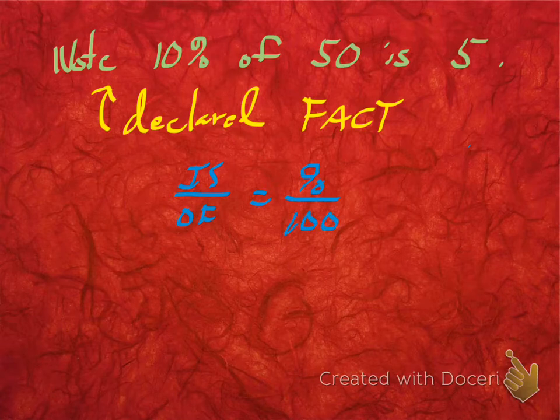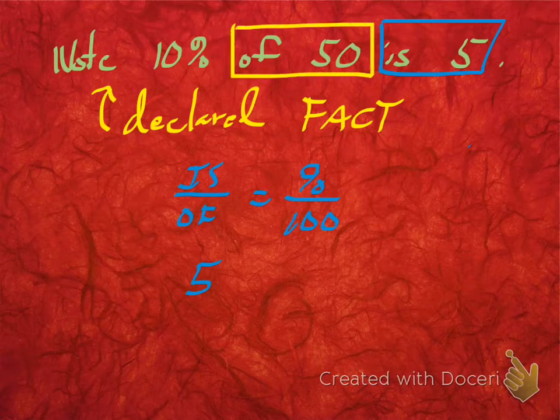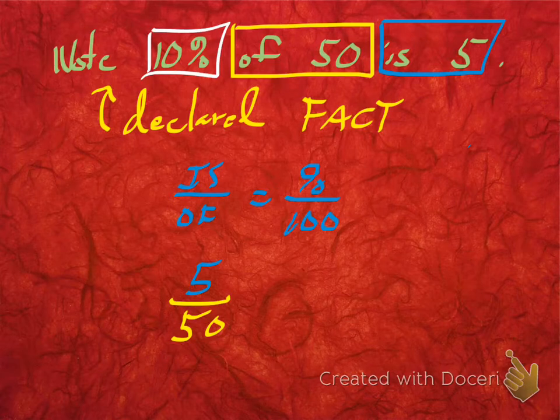So we have 10% of 50 is 5. Note that 10% of 50 is 5. All right, so the is is this number right here. It's 5. The of is the number that follows it, of 50. That's going to go on the bottom here. And the percent right here, 10%, always goes right here over 100.